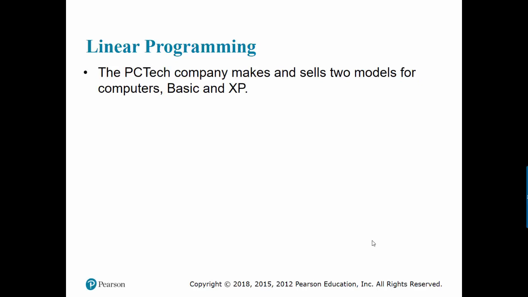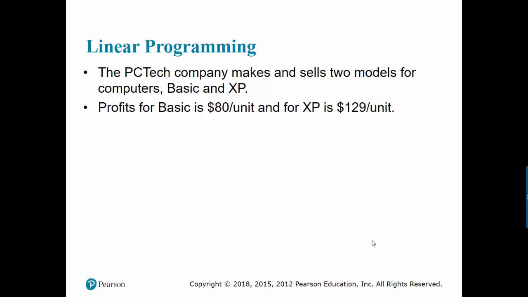We have a company that produces and sells two different models of computers, Basic and XP. So two products. The profit for Basic is $80 per unit and XP is $129. Our broad understanding is how many units of the two models we should produce so that we can maximize profit.